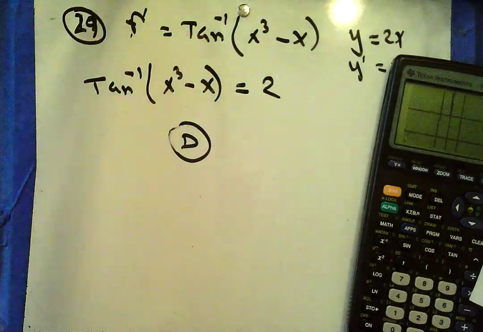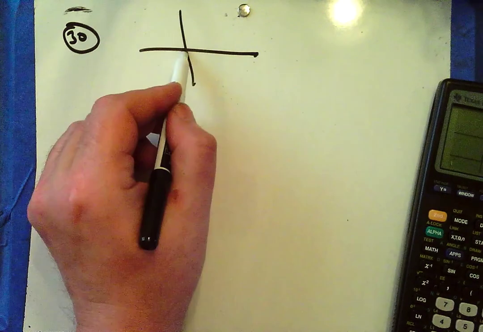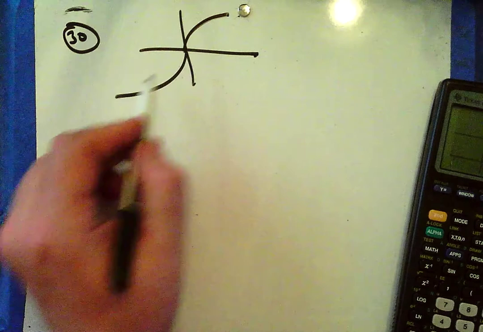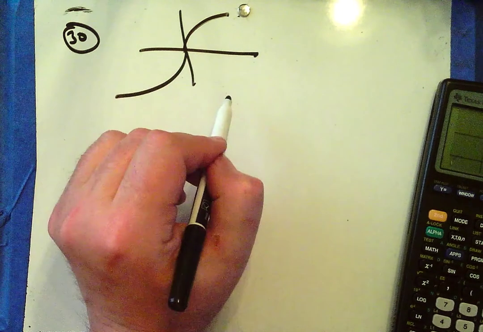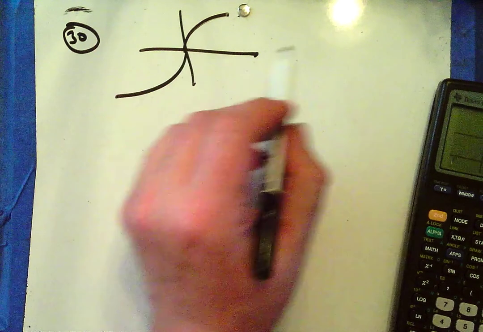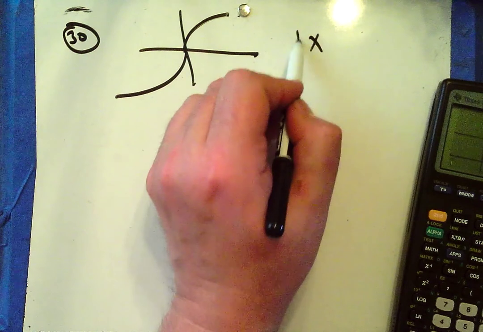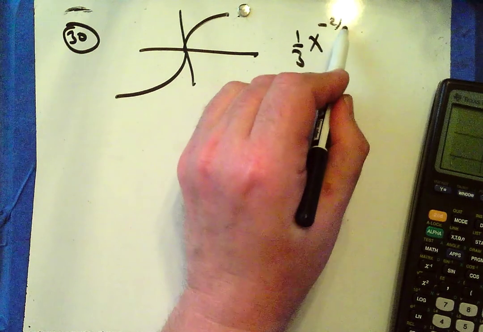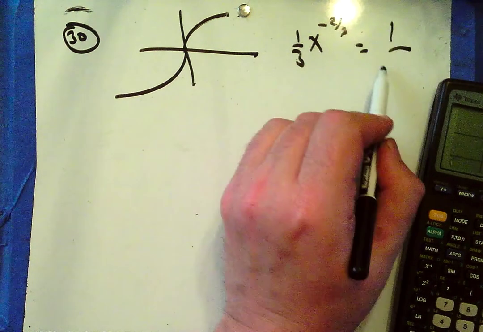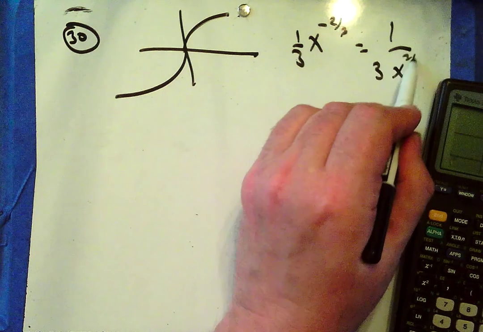Okay. 30 says, which of the following are continuous but not differentiable at x equals 0? Well, cube root of x has an infinite slope here, an undefined slope here, so there's no derivative possible there. You could figure that out by doing 1/3 x to the minus 2/3 and saying that's 1 over 3x to the 2/3.